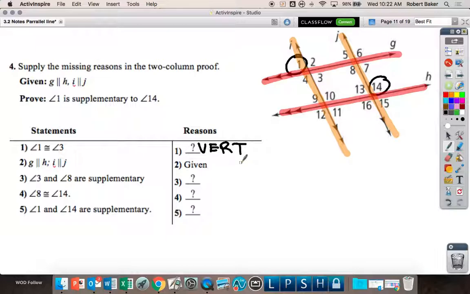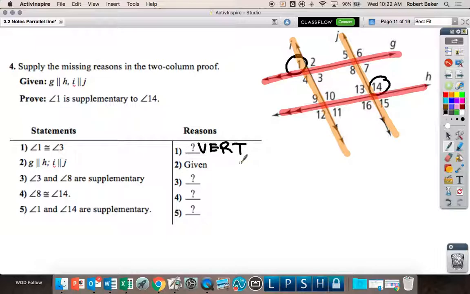Then it says that G is parallel to H and I is parallel to J because they gave it to us. It says that 3 and 8 are supplementary. Why? Remember, supplementary is either same side interior or same side exterior.